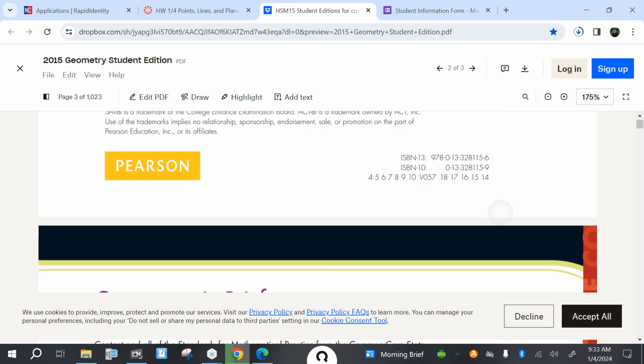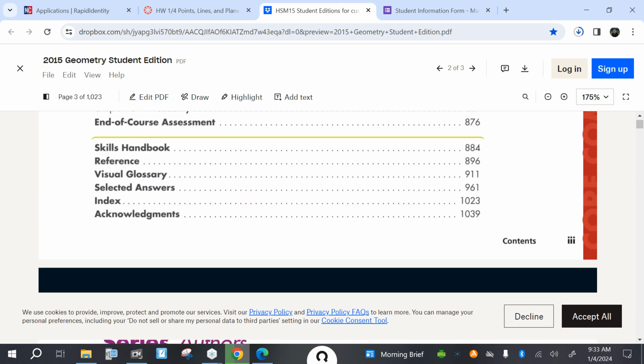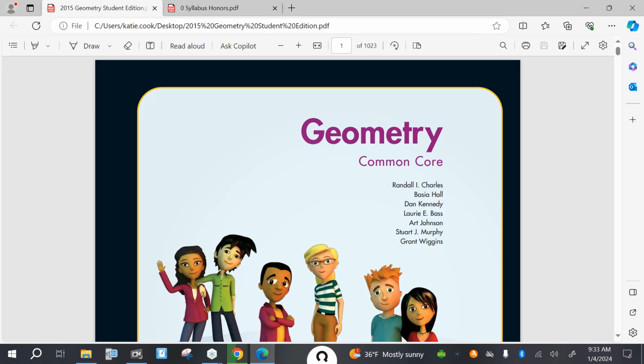If you check out the table of contents, it will show you all the stuff that we're doing, but also there's some interesting things down here at the bottom. Okay, so anyway, I have it downloaded here. I think it's starting to download again, but we don't need it to.